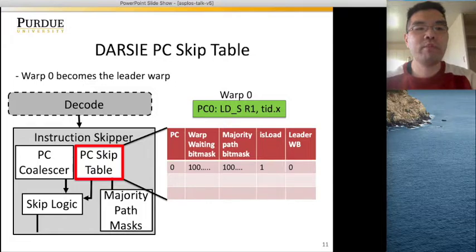The warp waiting bit mask indicates which warps are waiting for this PC to skip it. The majority path bit mask indicates which warps are executing on the majority path. Its load bit points out the memory load instructions. Leader WB indicates the leader warp has written back the redundant instruction value.